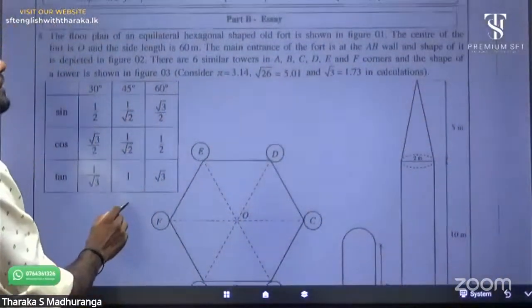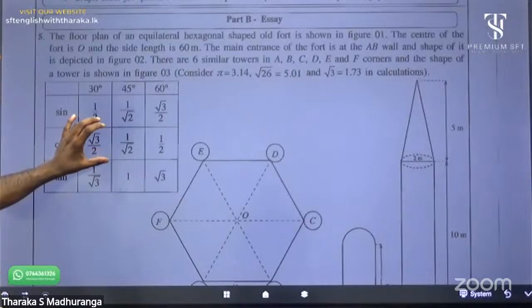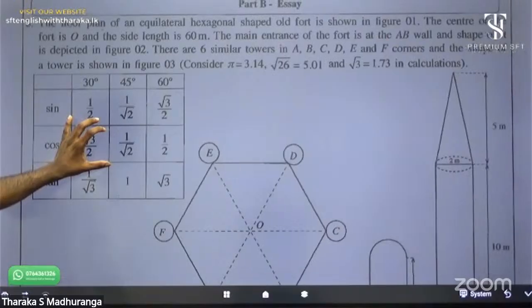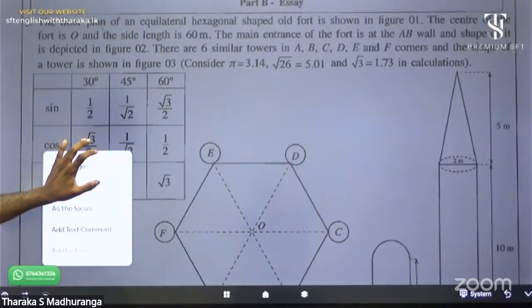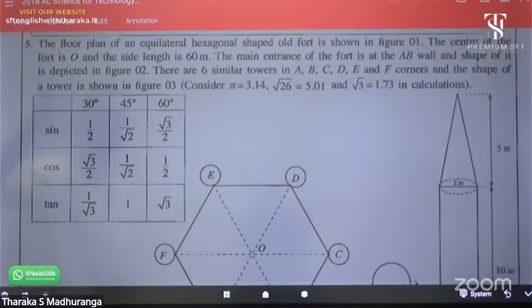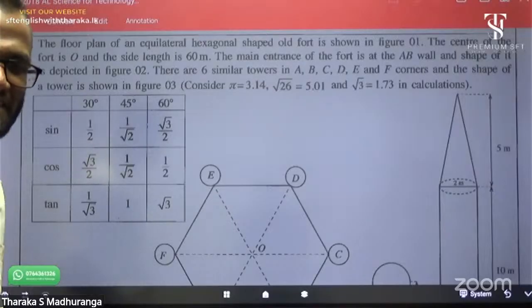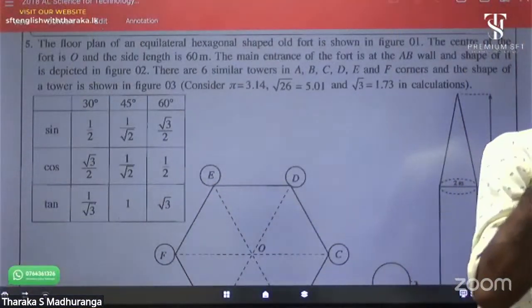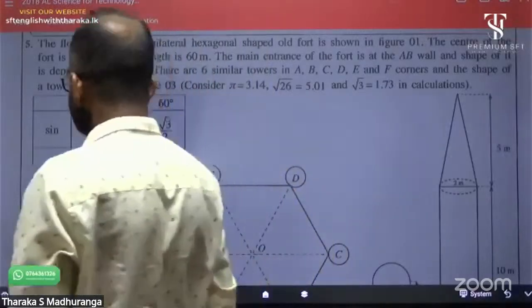It's the 2018 question number 5. So we discuss. Okay, let's do this one. This is a good question. We can revise our equations again.